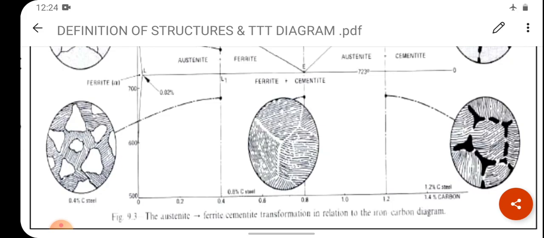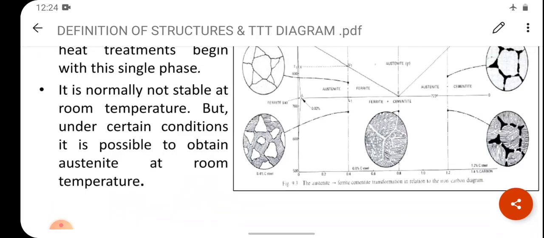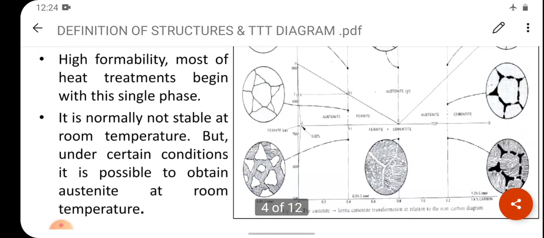Clear? It also depends on temperature and on carbon percentage. You all know that up to 1.8%, or in general up to 2% of carbon, this is steel. So this is the steel structure or steel microstructure. Clear? I am zooming out this diagram so that I can continue.